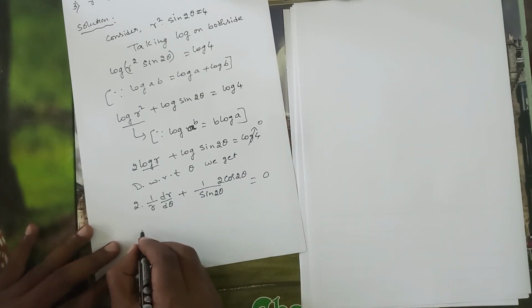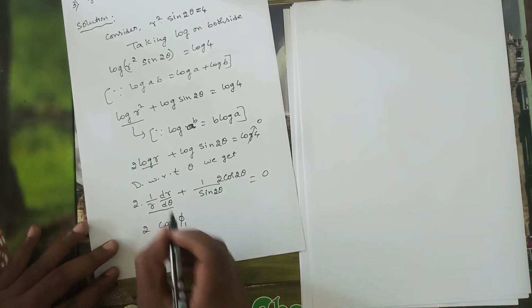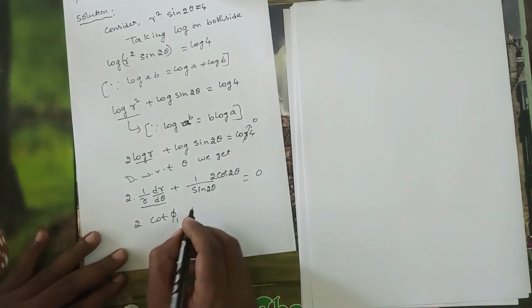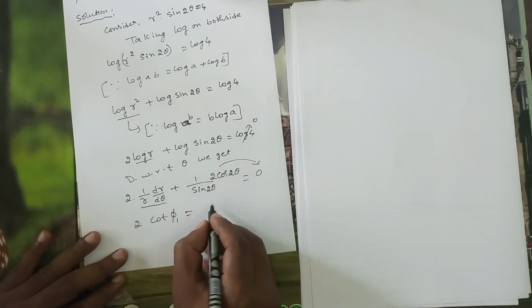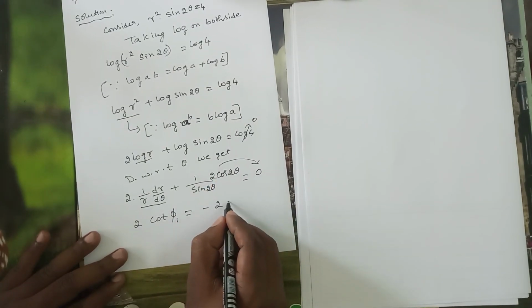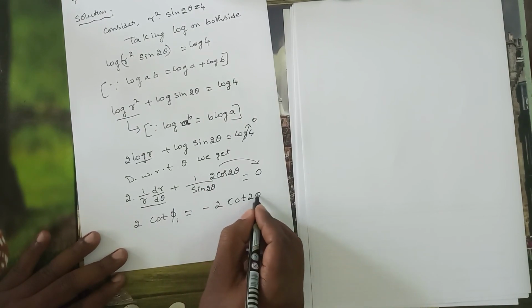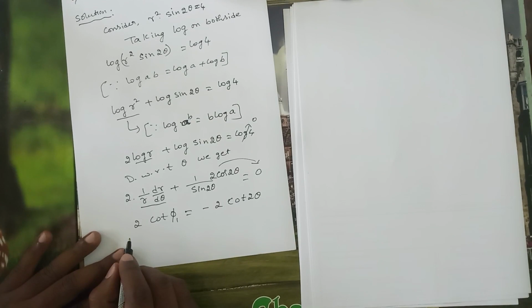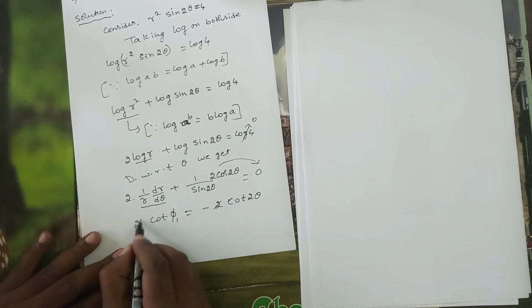So what do you get: 2 into, this can be written as cot phi 1, because I am considering the first curve. I am taking this to the right hand side: minus 2 into cot 2 theta. So 2 will get cancelled.